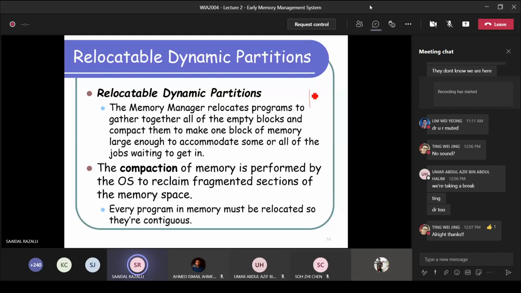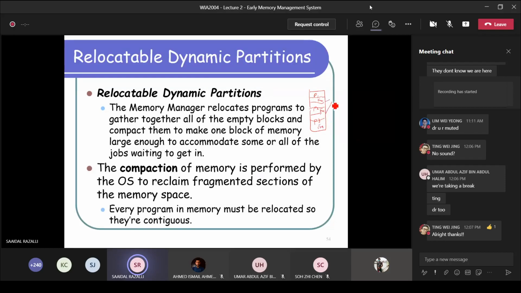Let's say you have partition 1, partition 2, and partition 3. In each partition, maybe you use half of it, so this part is free, this one is free, and this one is free.